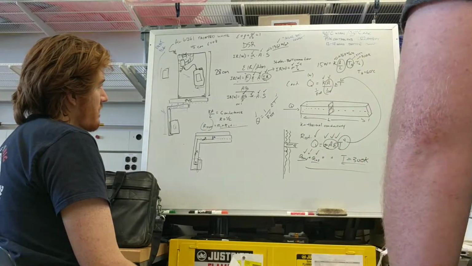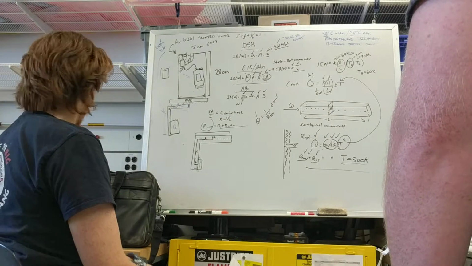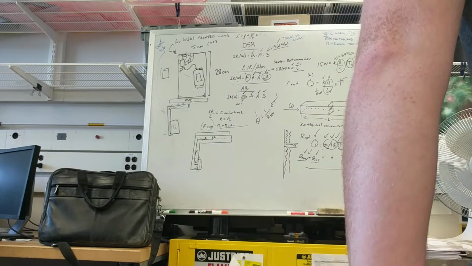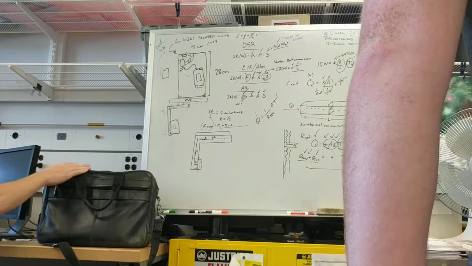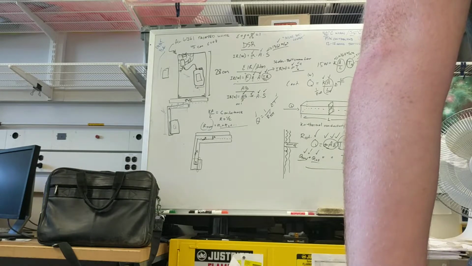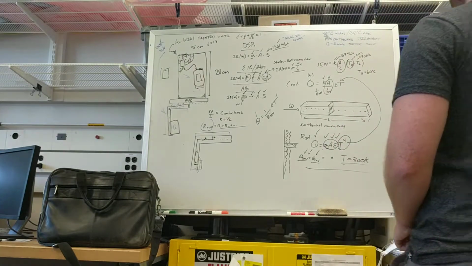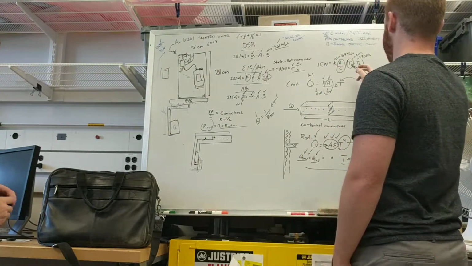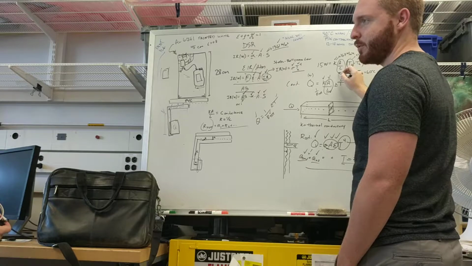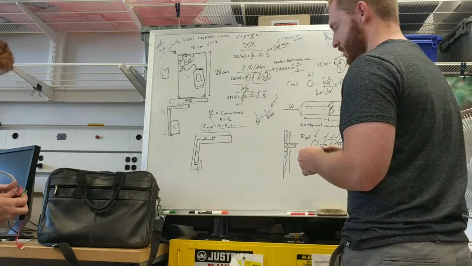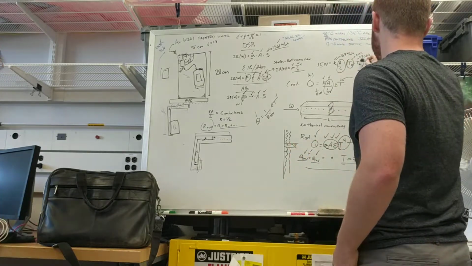I'm trying to think what else is useful here. Yeah, this is really it. You're going to have to have one of your engineers basically just play with your A over L ratio is what it comes down to, because you're going to find this in no time.